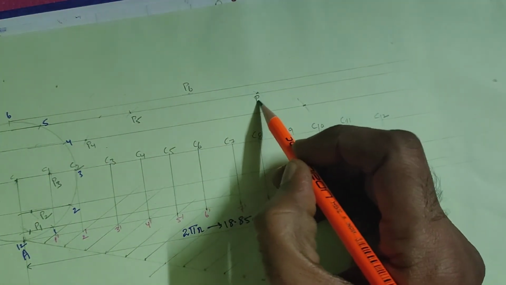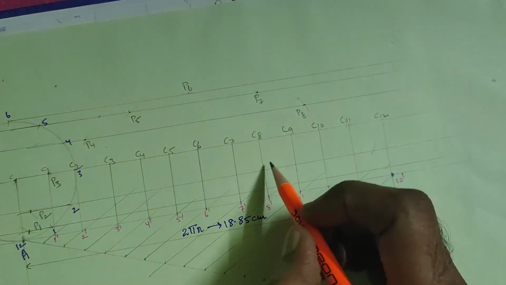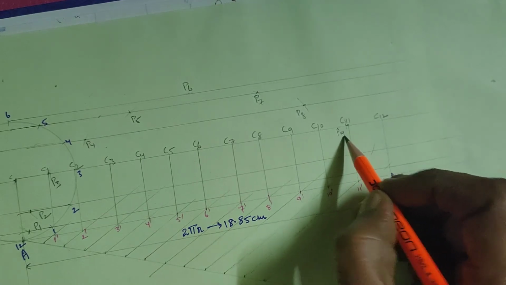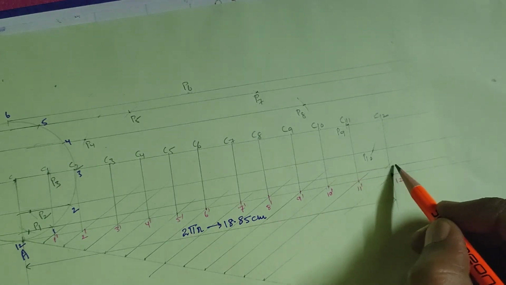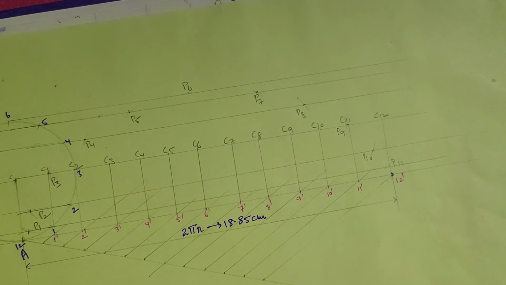This is P7, P8, and this is P9, P10, this is P11, and this is P12. And when all these points are joined carefully, we are going to have the cycloid.